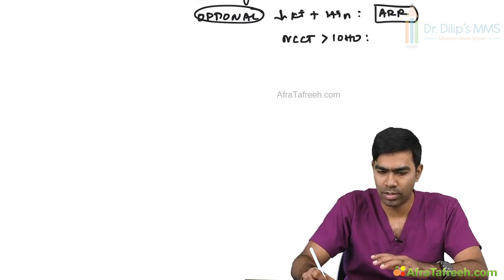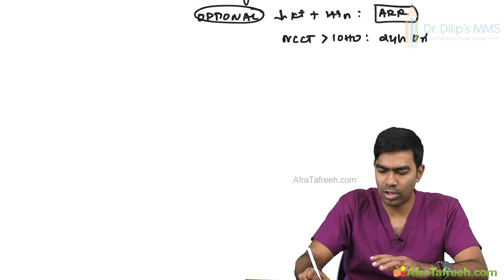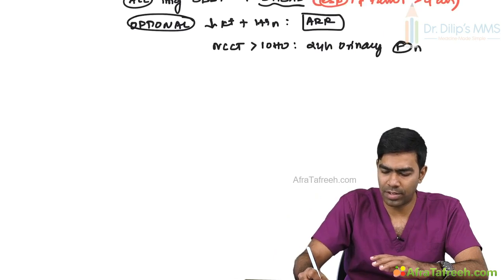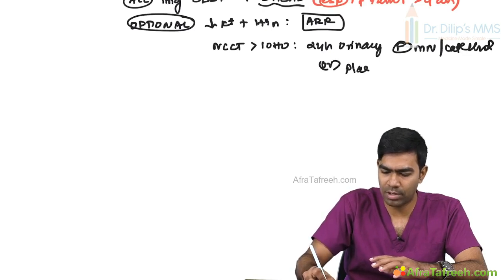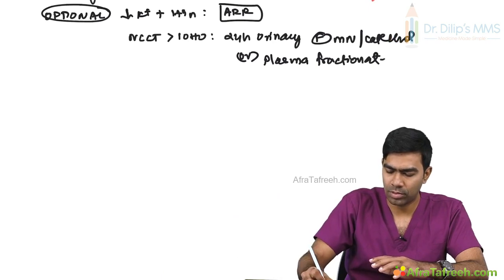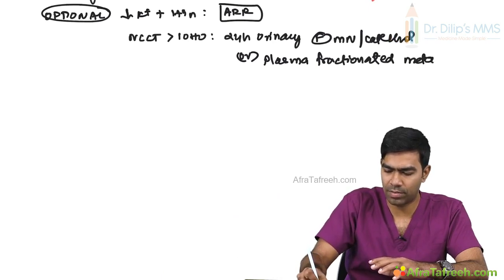Or for patients who are having an unenhanced CT density of more than 10 Hounsfield units, for all of them you have to do 24-hour urinary fractionated metanephrines and catecholamines, or you can even do plasma fractionated metanephrines.